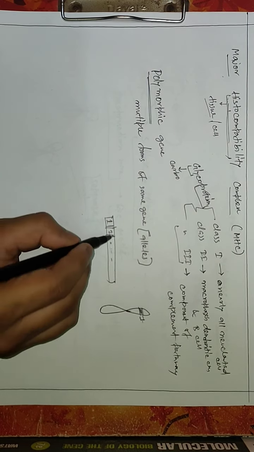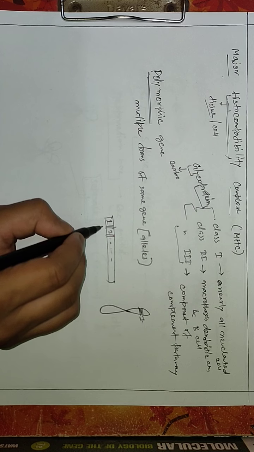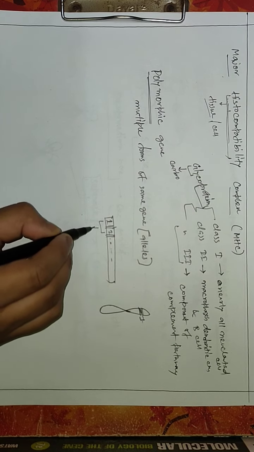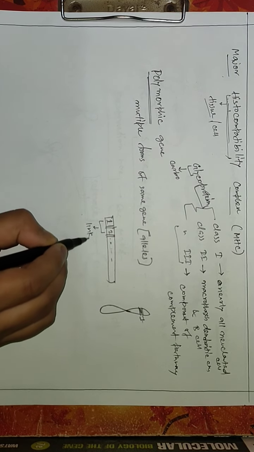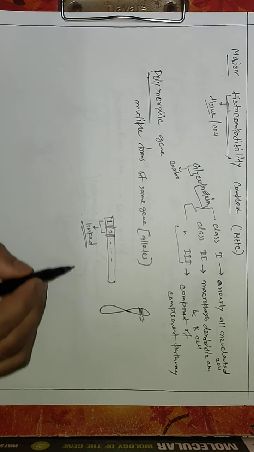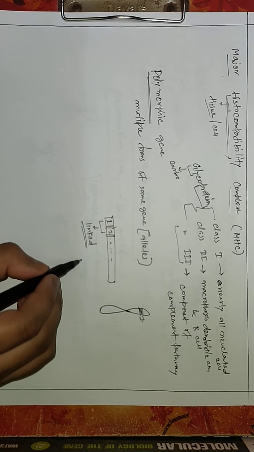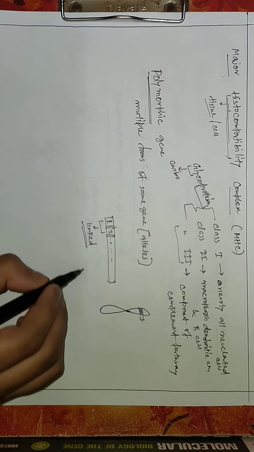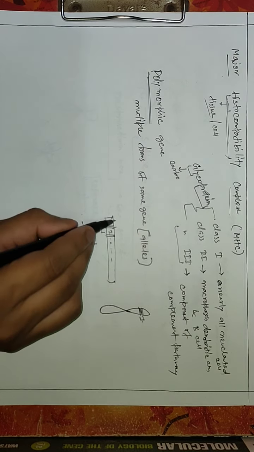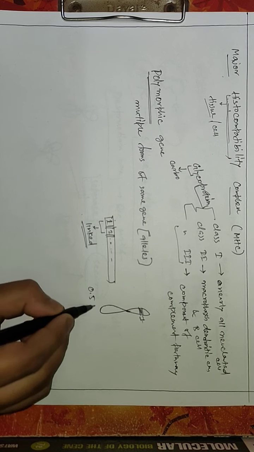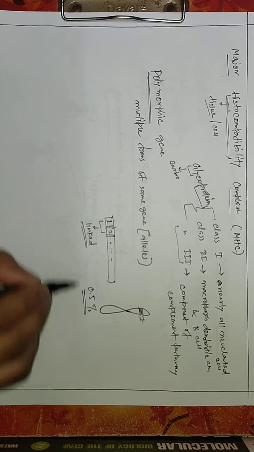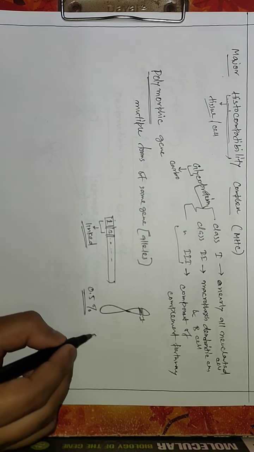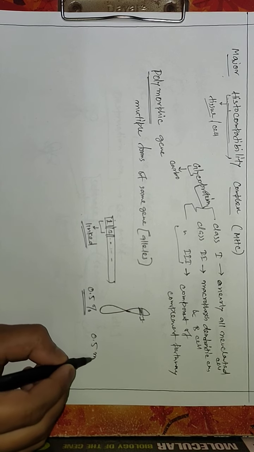When we study recombination, if two genes are very close, they are called linked genes. The closer they are, the less their probability of participating in recombination. Generally they have a recombination frequency of 0.5%, meaning the distance between each gene is 0.5 map unit.